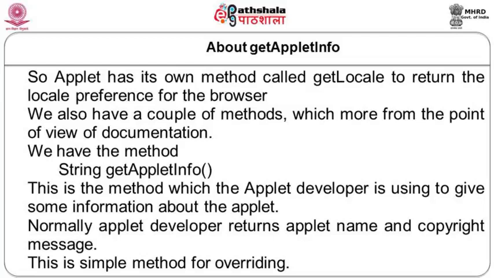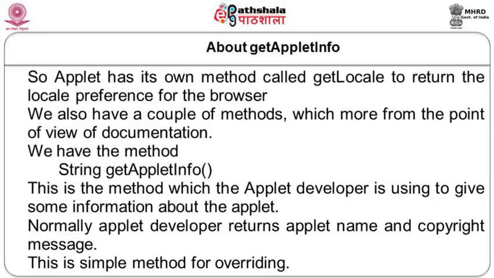It's a method which the applet developer uses to give some information about the applet. Normally the developer puts some copyright message and returns it here, for example the name of the applet, a copyright notice, and some year.